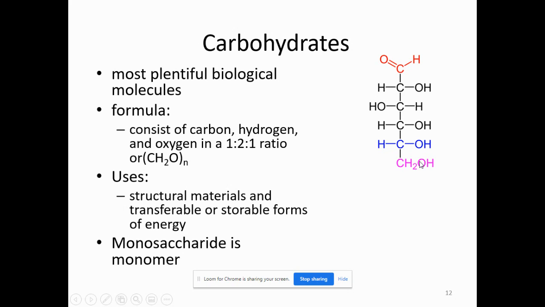Count the oxygens: 1, 2, 3, 4, 5, 6. Now how many hydrogens would you expect? You would expect 12. Do you get that? 1, 2, 3, 4, 5, 6, 7, 8, 9. There's 2 right there, so that's 11, 12.